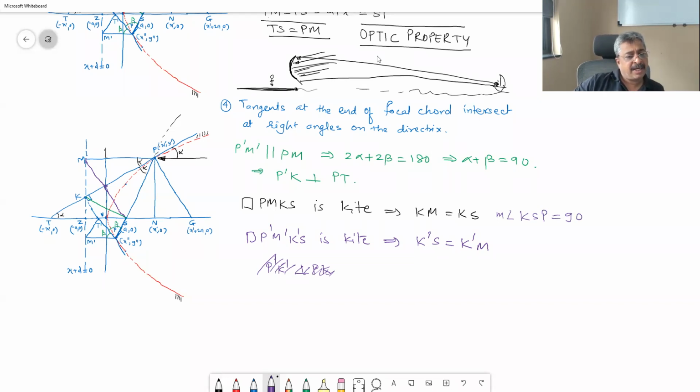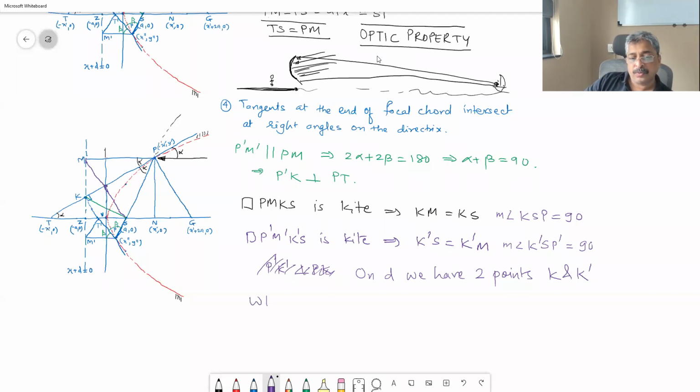Because P'M'K'S is a kite, measure of angle K'SP' is equal to 90, and they are the same. So on the directrix we have 2 points, K and K', which are perpendicular to PP' at S. Contradiction.